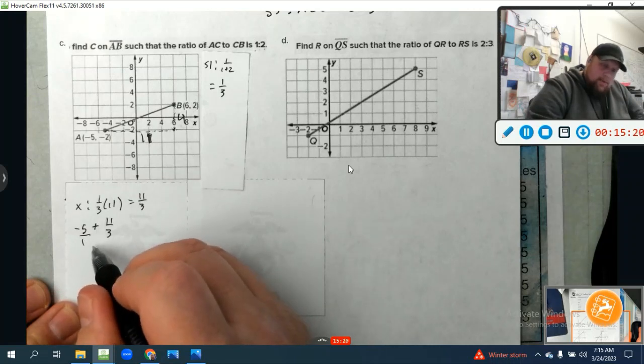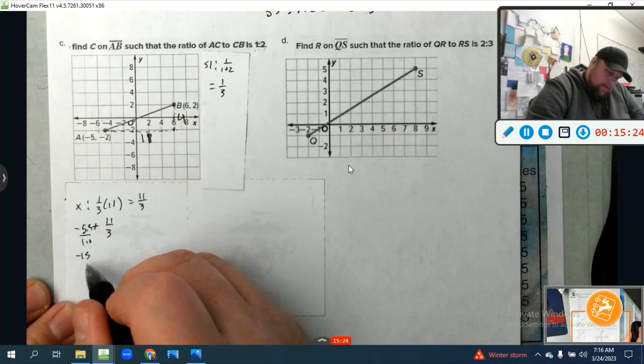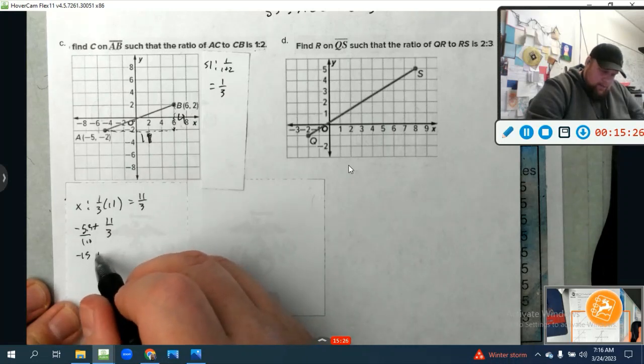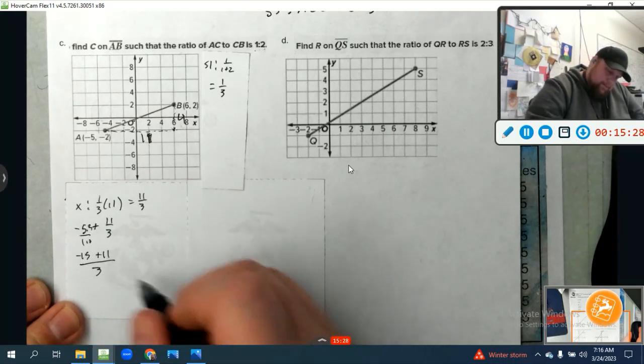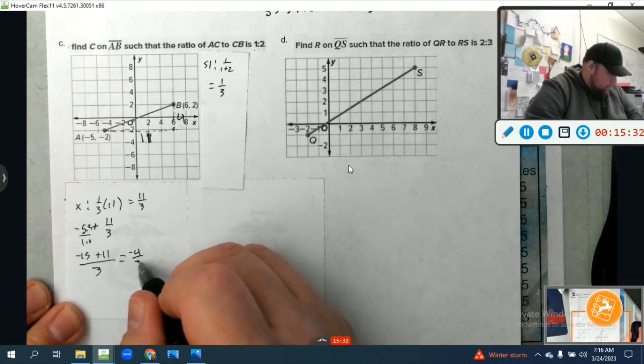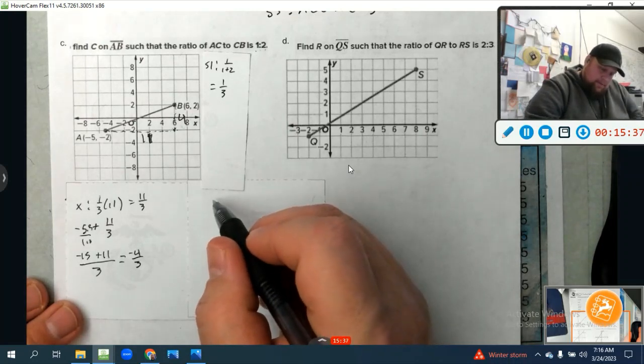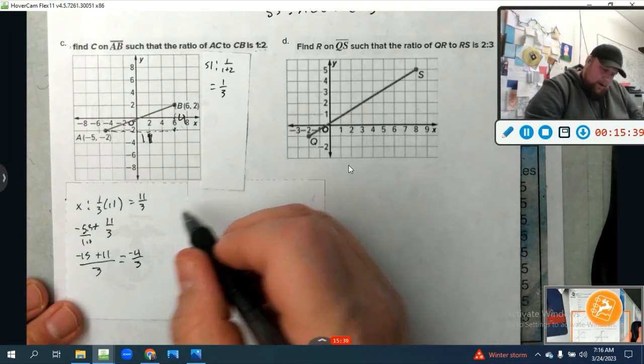What I'm doing, guys, I can write any number over 1, and I'm just going to go times 3 over 3. So this is negative 15/3 plus 11/3, right? Which is going to equal what? Negative 4/3.